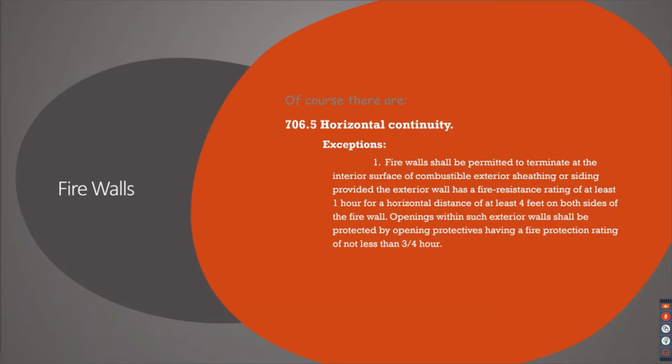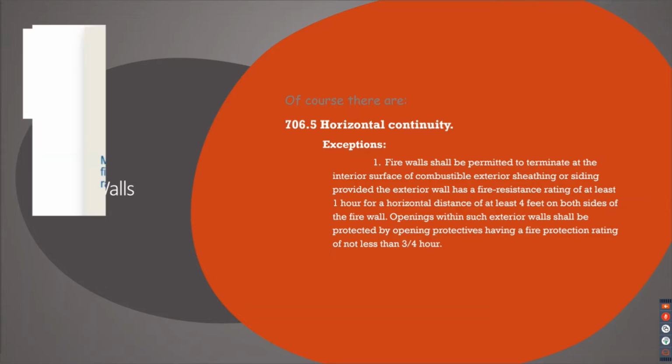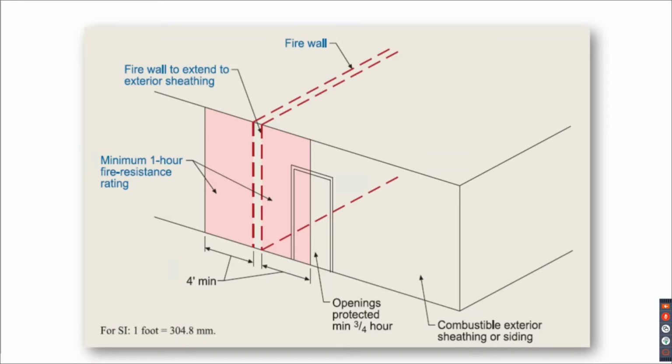The exterior wall has a fire resistance rating of at least 1 hour for a horizontal distance of at least 4 feet on both sides of the firewall. And then openings within such exterior wall shall be protected by opening protectives having a fire protection rating of not less than 3/4 hour. There's a visual for that exception.